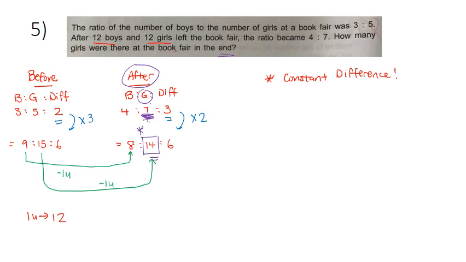So we need to use this second ratio, this equivalent ratio, where the difference is 6 units to get the answer to the number of girls in the end. So 14 units will be 14 times 12, and that gives us 168.